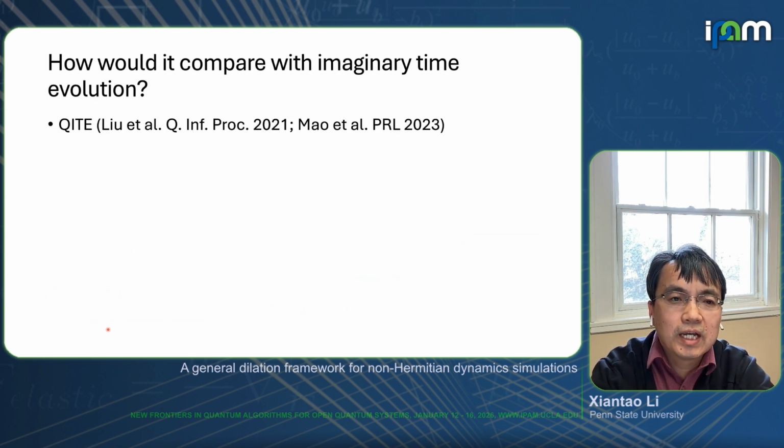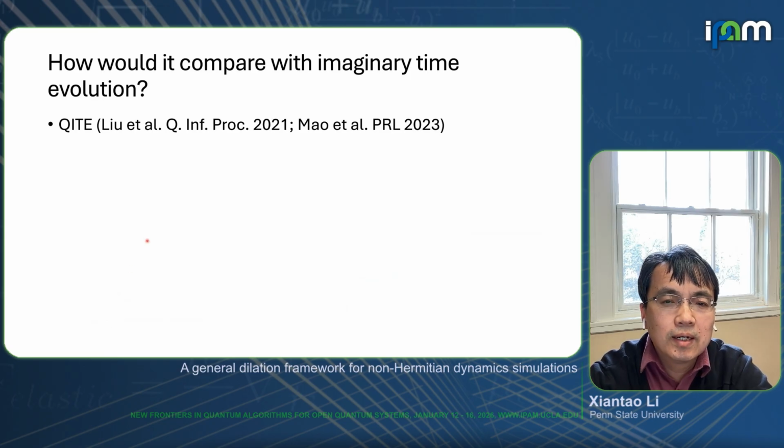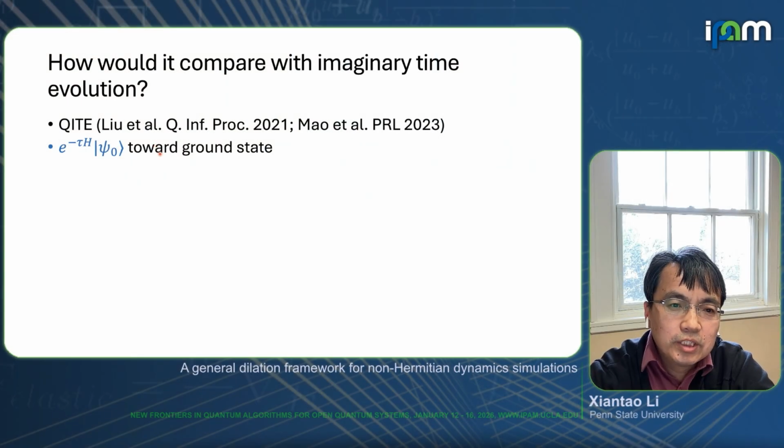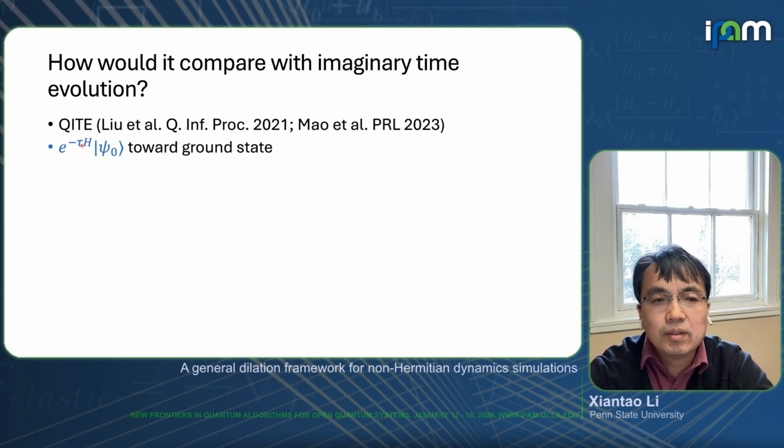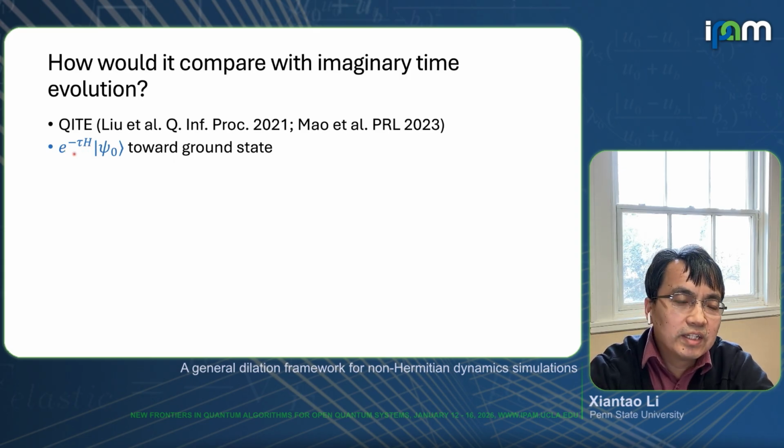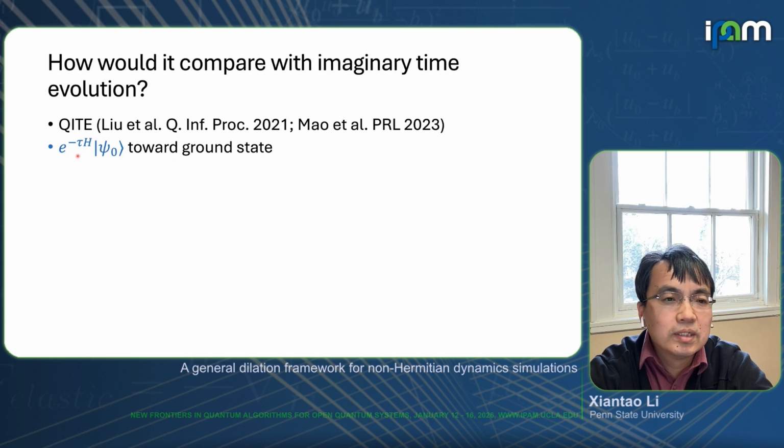I want to slow down a little bit and mention the comparison with one of the quantum imaginary time evolution methods. So quantum imaginary time evolution aims at driving the system to the ground state by shifting the Hamiltonian so that it's positive definite, and then evolving this in imaginary time so that the system would eventually converge to the ground state.